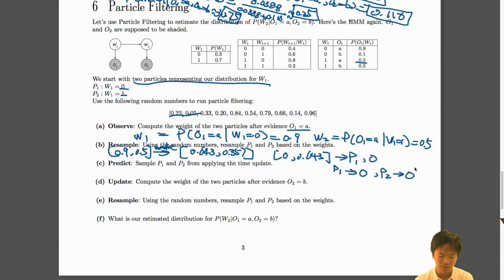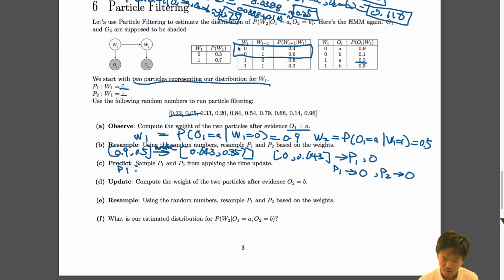Now we're going to approximate the prediction update by applying the transition model to both these particles. Since particle 1 is in hidden state 0, we're going to look at this part of the transition model.